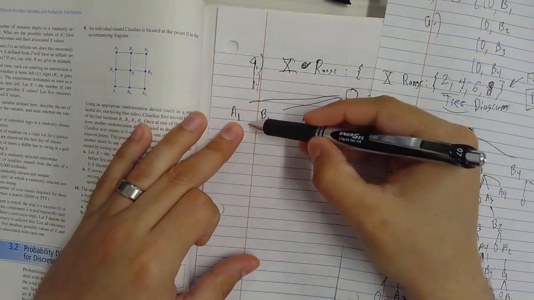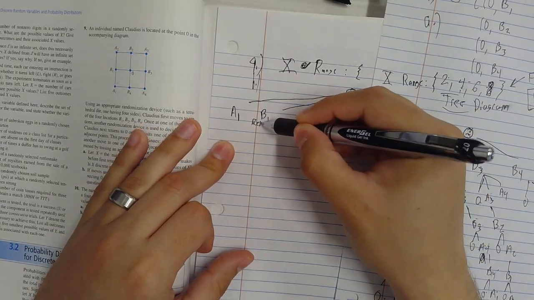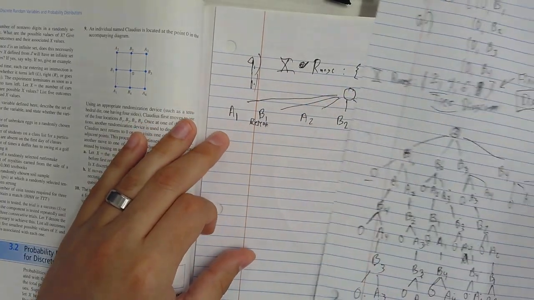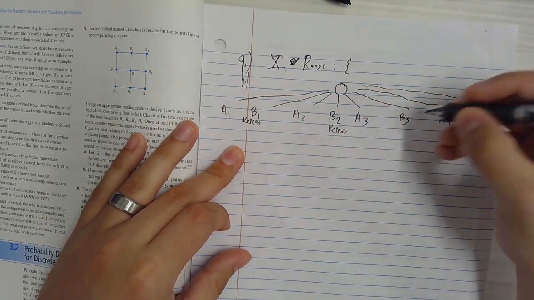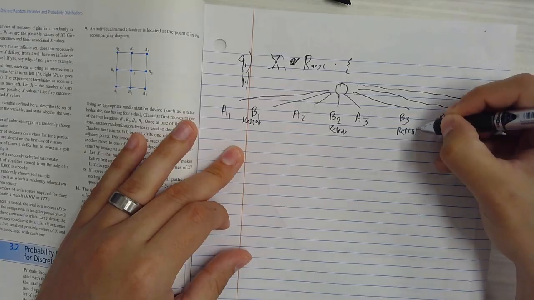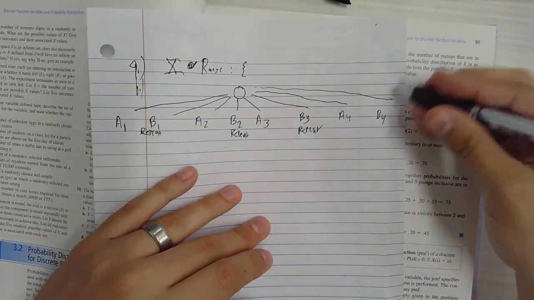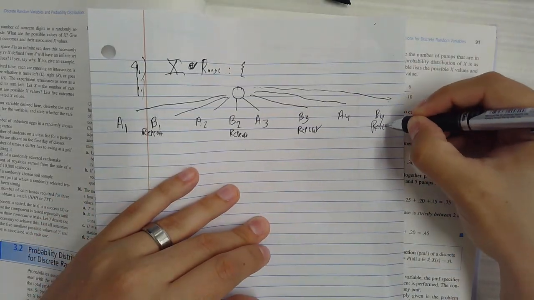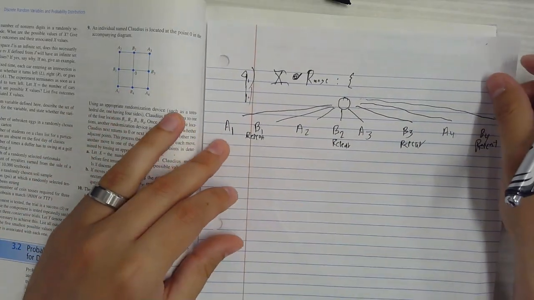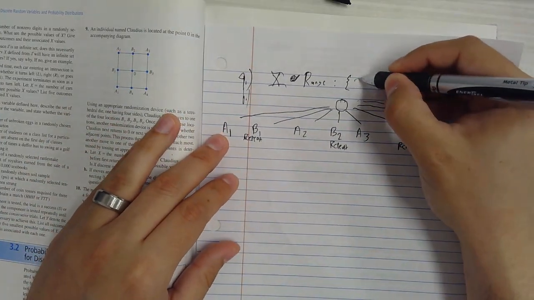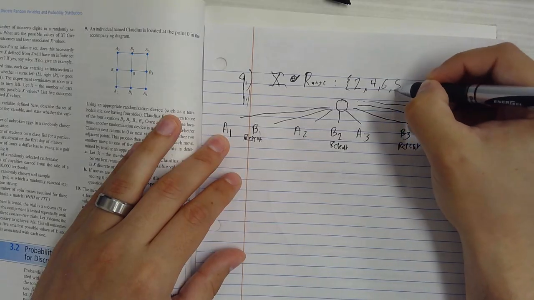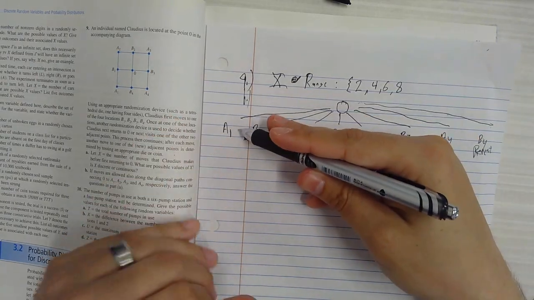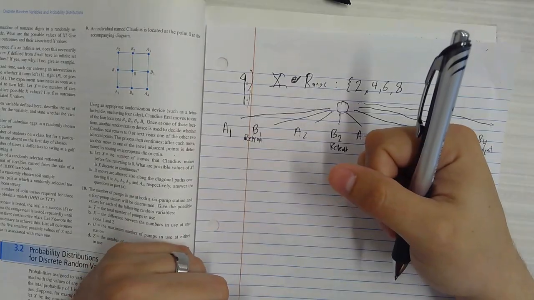So B1 is going to repeat, B2 is going to repeat, B3, and B4 is going to repeat. And that means we already know the range to have at least the numbers 2, 4, 6, and 8. The question is, what new numbers is this going to bring in?